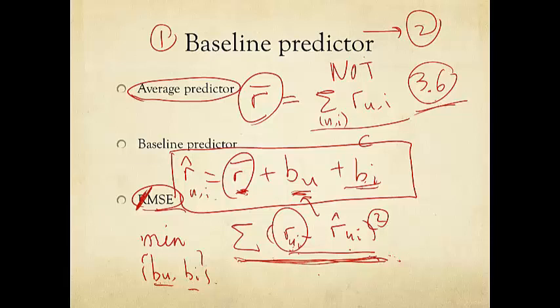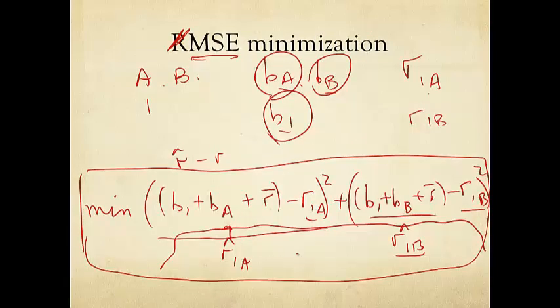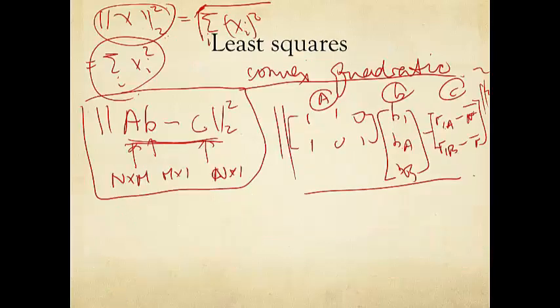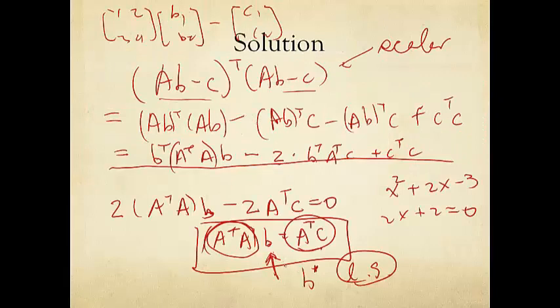It turns out picking the right BU/BI and therefore completing this baseline model boils down to solving this kind of problem. And this kind of problem is called least square in this format. And the least square solution is simply the solution to this linear equation. We'll go through a complete numerical example towards the end of the lecture, but this is a quick summary of where we have been.